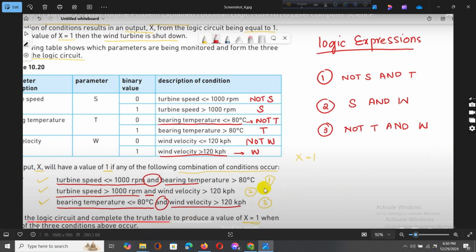And here wind velocity is greater than 120, so it is 1, so you have to write it here as W.